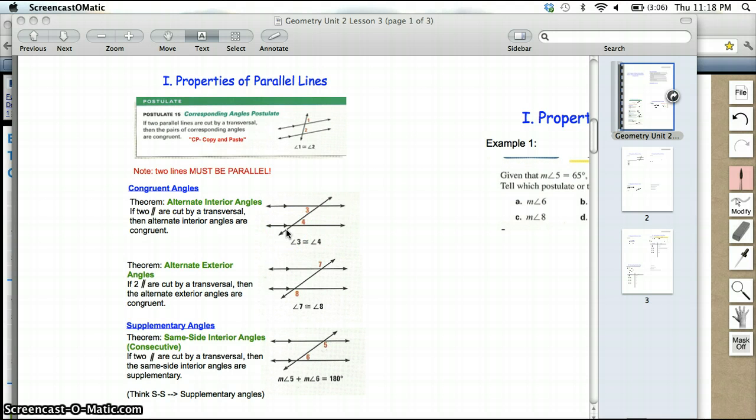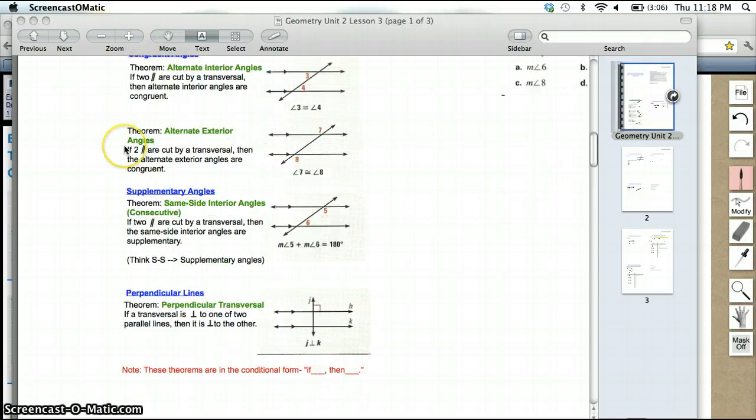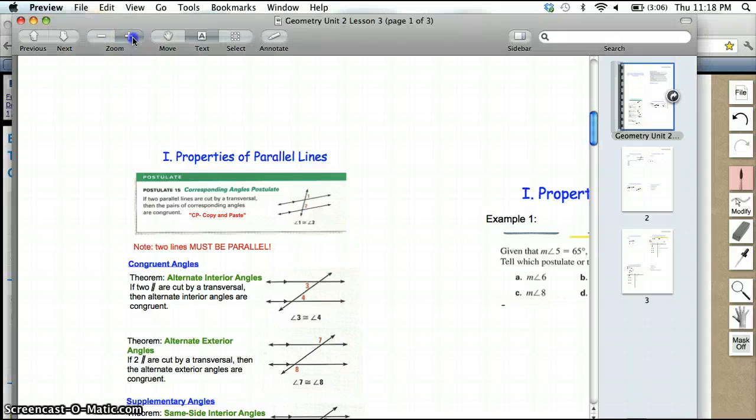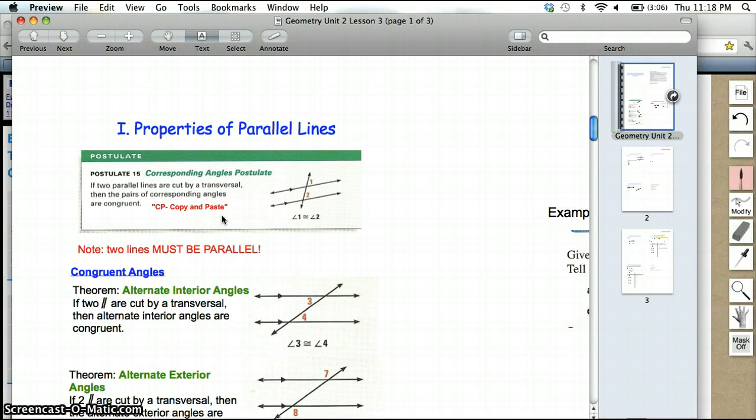So we're going to look at a couple things. We're going to look at what type of angles two parallel lines and a transversal make. The first thing we're going to look at is postulate number 1, which is the corresponding angle postulate.